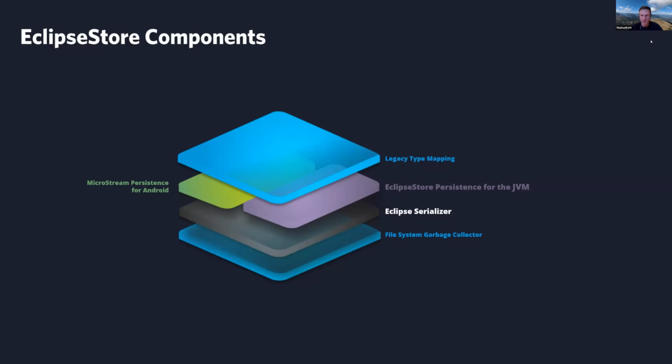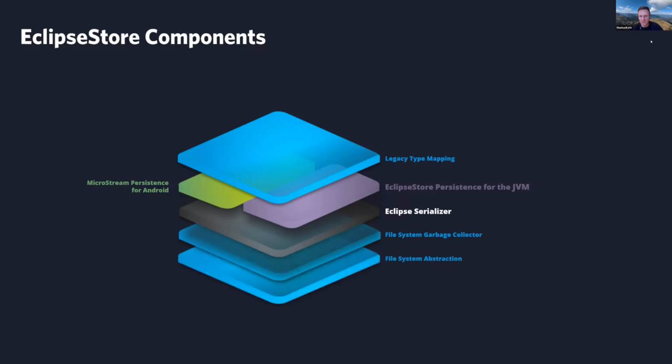If you change classes, the storage will grow more and more. So this is not that great. For this scenario, we provide this file system garbage collector. It removes your legacy objects from your storage, so you can decide whether you want to keep your legacy objects in the storage or not.